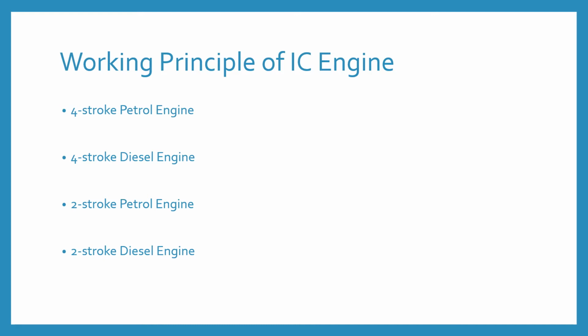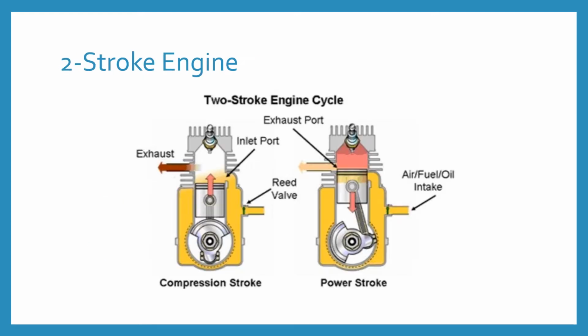In the last class we already discussed the working principle of the 4-stroke petrol engine, or the SI engine, and the 4-stroke diesel engine, or the CI engine. Today we'll continue this section on working principle with the 2-stroke engine.